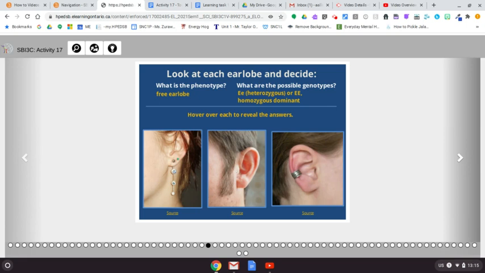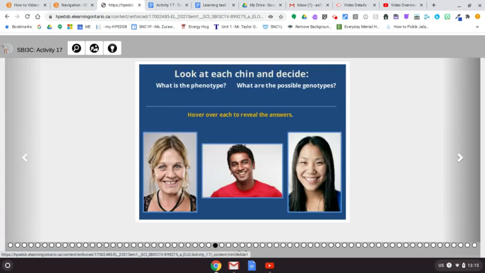It can be heterozygous, because as soon as you get one big E, you will see that trait. Or it could be homozygous dominant, because as soon as you see one of those two big E's, you're going to see that trait. And then an attached earlobe, you know that it has to be homozygous recessive. So we're going to do a little bit more of this as an example once we get to the assignment.